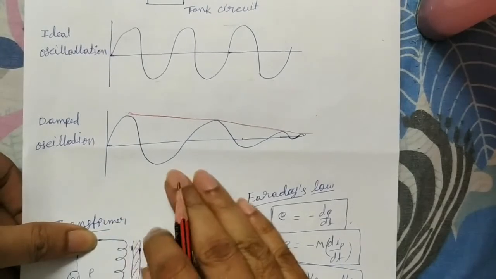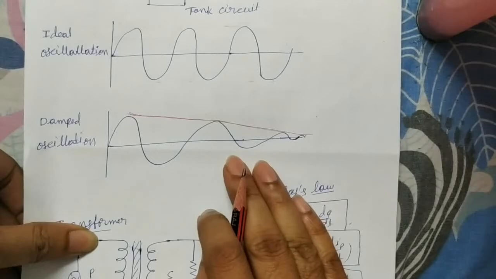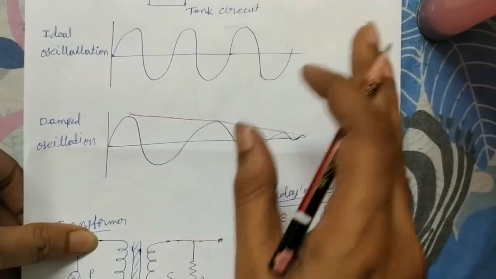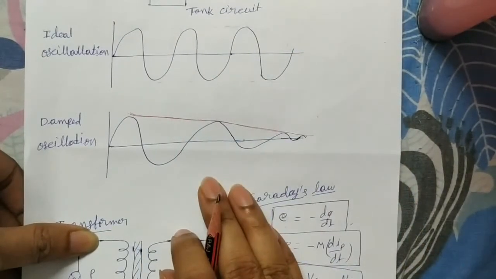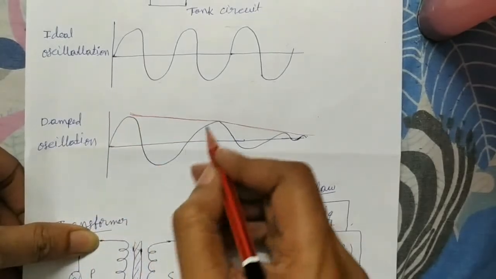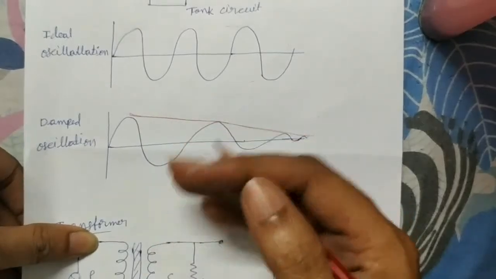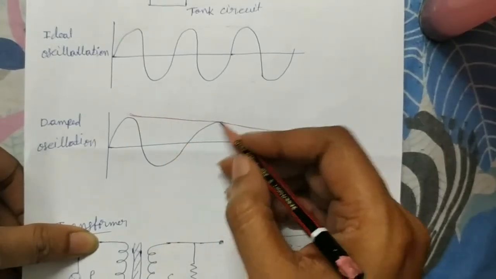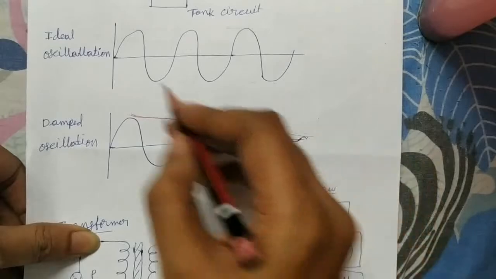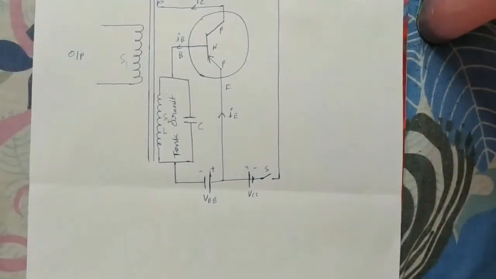To bring it to the ideal situation, to improve the energy of this damped oscillation, they use this transistor oscillator. This is a real case damped oscillation. The energy falls, you see the amplitude falls, and to restore the initial level in every oscillation, they use this oscillator.